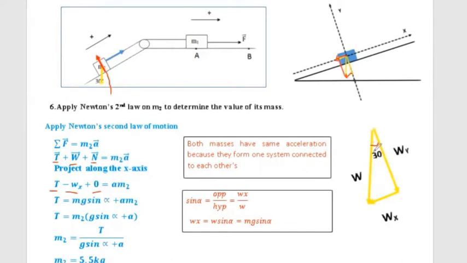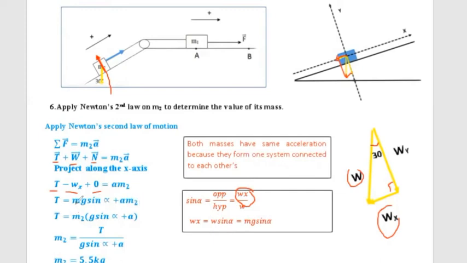So sine 30 equals the opposite, which is Wx, over the hypotenuse, which is facing the 90 degrees, W. Sine 30 equals Wx over W. It means that Wx equals W sine 30, which is m times g times sine 30. So instead of Wx, we'll put m g sine 30 plus a m2.